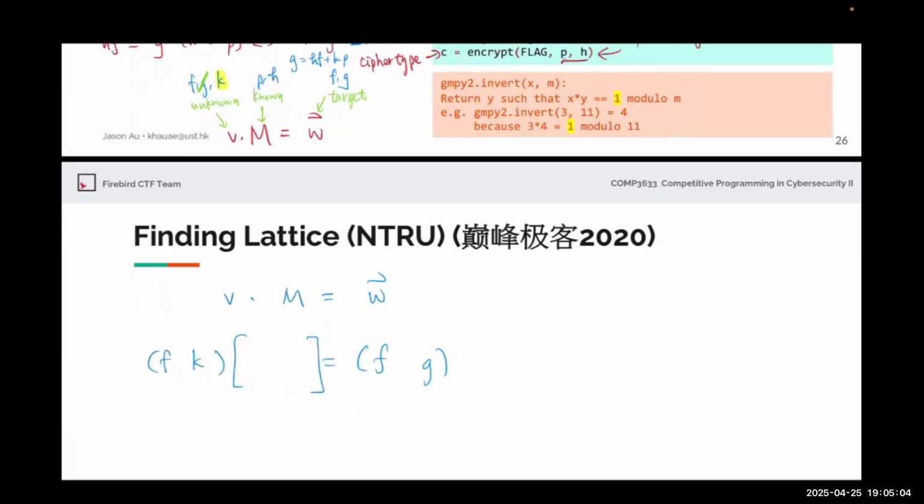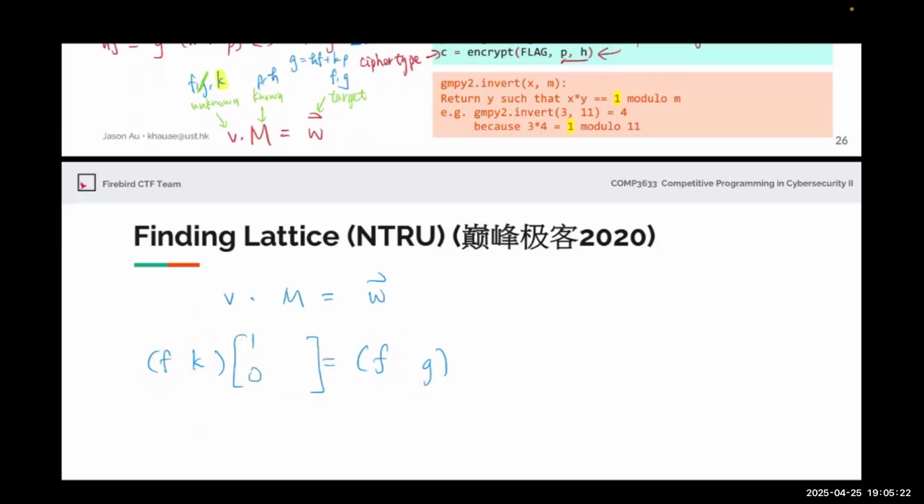Okay, so this is a matrix product and gives this. By the mechanism of matrices, we have F times something plus K times something equal to F. So it must be 0 and 1 here.